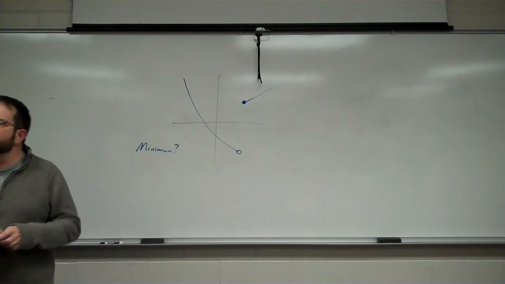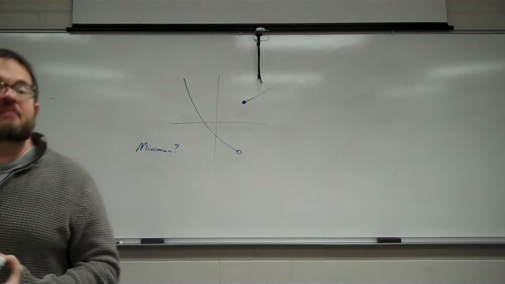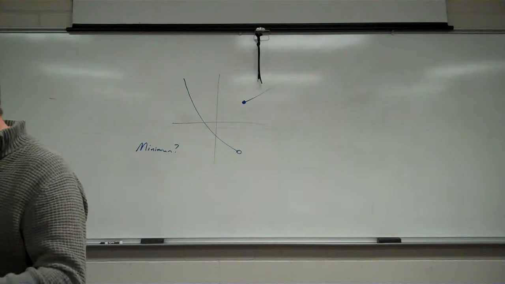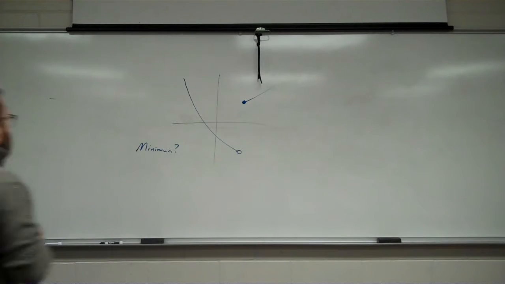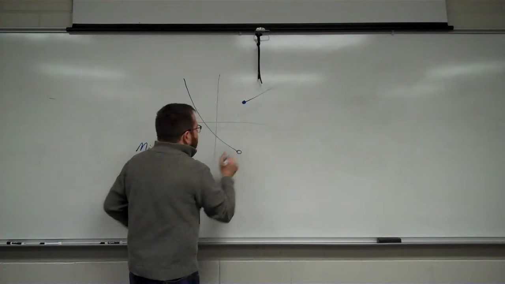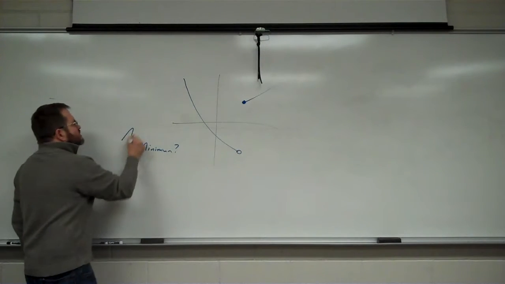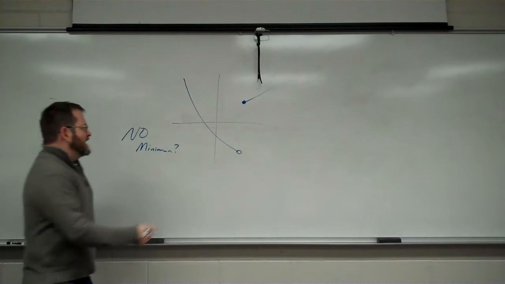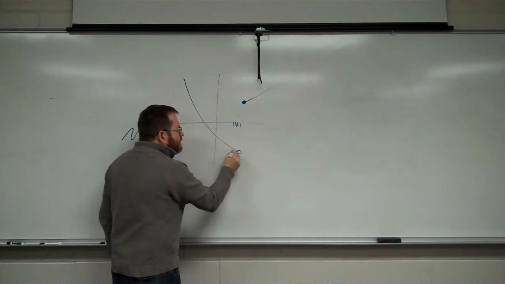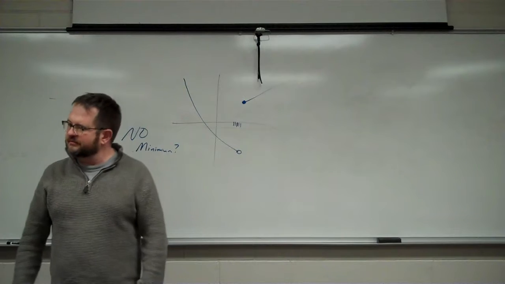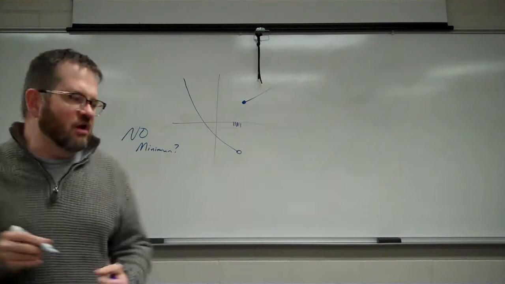Now remember, let's use the word correctly. The minimum is the value of x that produces this lowest value. Because this is an open circle here, they're going to say that there is no minimum of this function. The idea being, there is no value of x that gets you to the lowest possible value of this function, because no matter what, you could get closer.